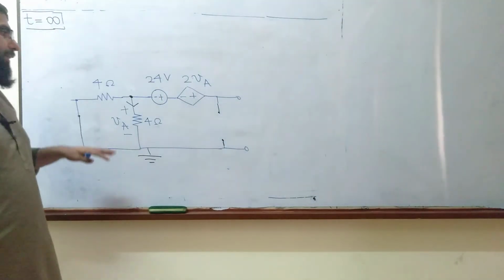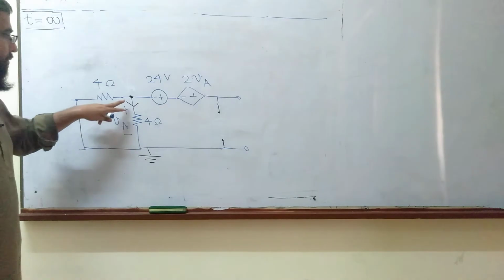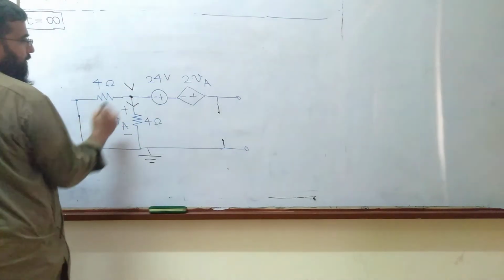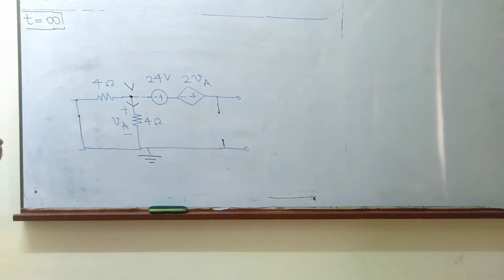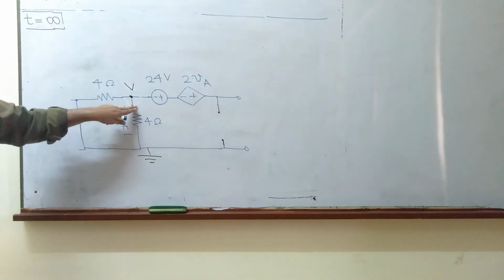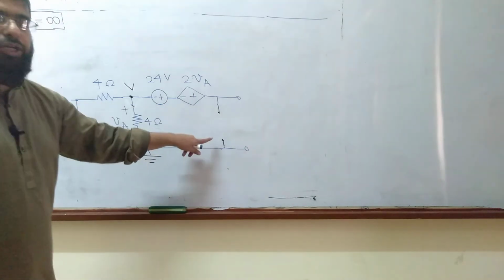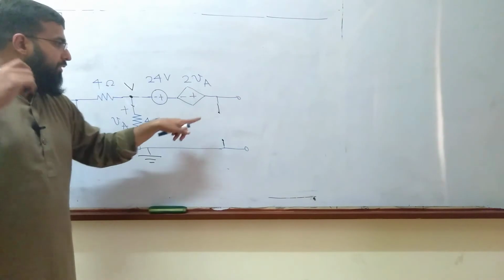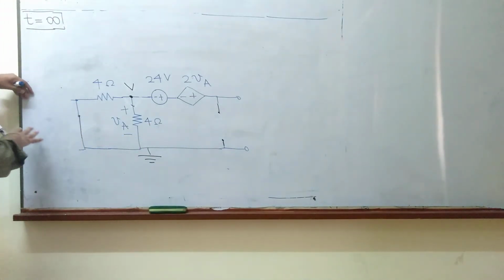Let's see what that voltage is. To find that voltage, we will again assume a voltage V here. Once the capacitor is charged at a new voltage, it will be open circuited again. Once it is open circuited, there is no other source in the circuit.